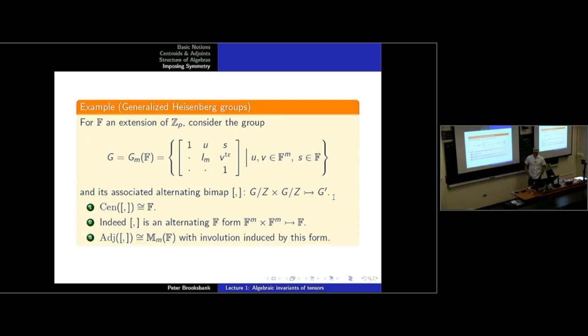And if we do that little Baer correspondence trick that we did earlier, we end up with an alternating bimap from G mod Z into G prime. And again, if you calculate these different objects that we've mentioned today, the centroid turns out to be isomorphic just to the field of scalars. And in fact, I should mention that when you write this bimap, this is going to come out to a p-group, right?